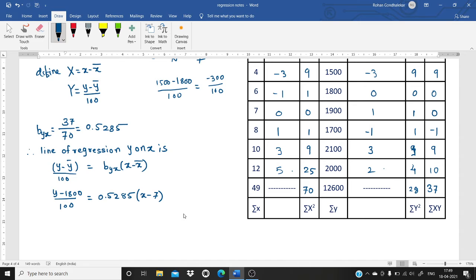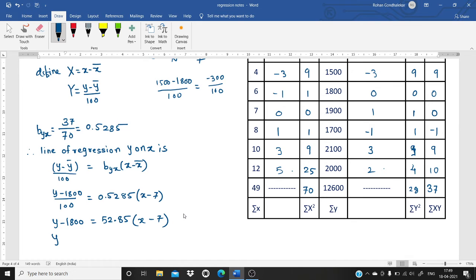Fine. So multiply by the 100 with the byx. So what I have, y minus 1800 is equal to 52.85. As I'm multiplying it by 100, it becomes 52.85 into x minus 7.